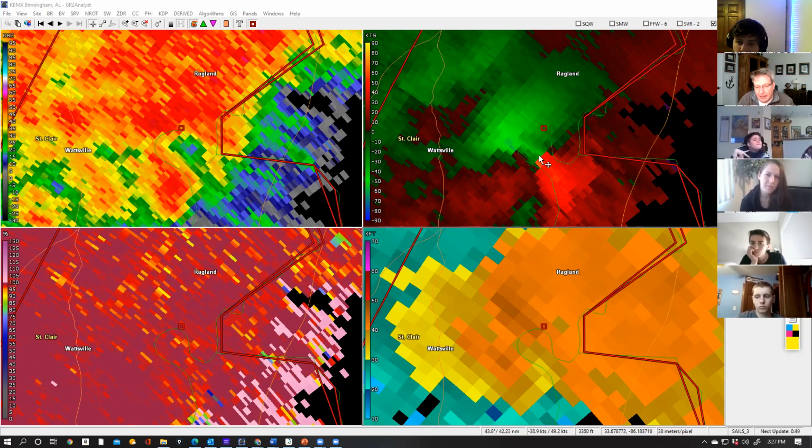Oh, wow. And 39. So it's going this way at 39 knots and this way at 50. So that's a delta V, the difference is 89 knots, and that's gate to gate. Oh no.